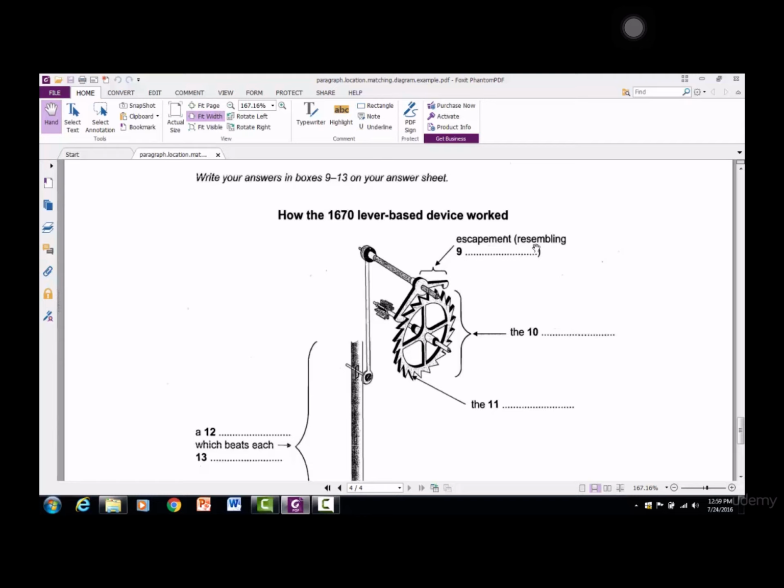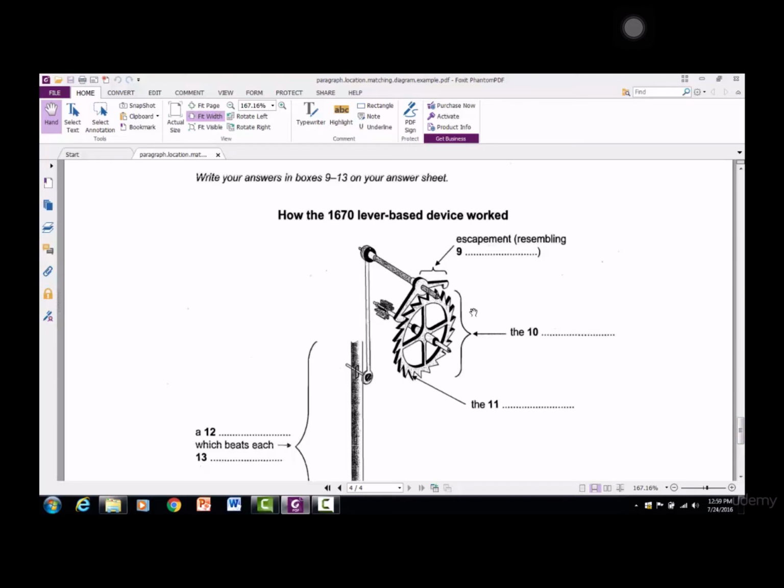It doesn't matter if you see a list that says TOEFL vocabulary, that's good for the IELTS. If you see a list that says IELTS vocabulary, that's good for the TOEFL. So don't worry about that.